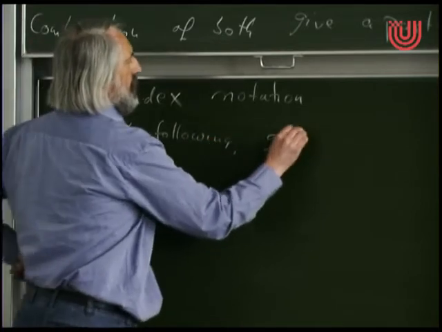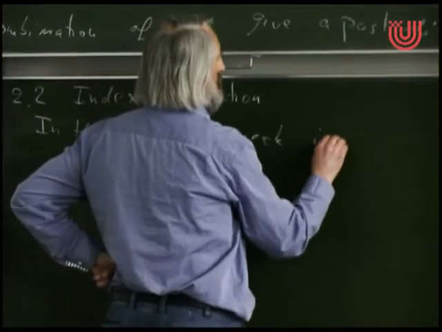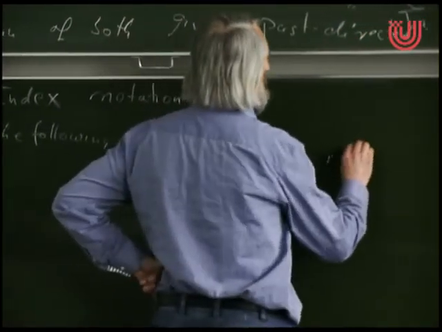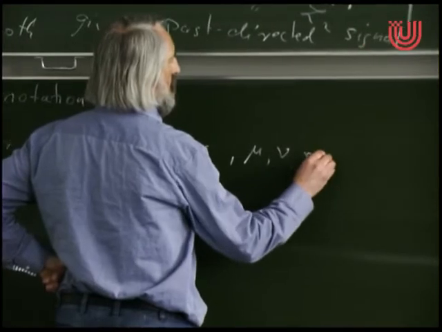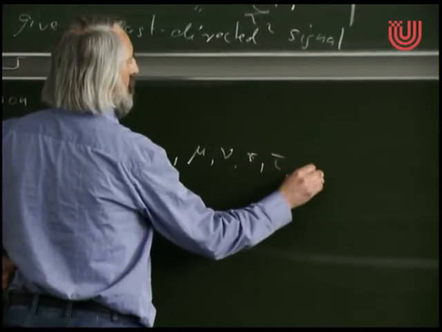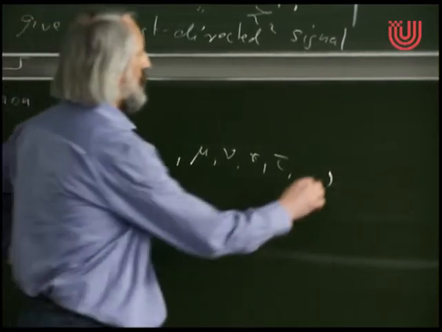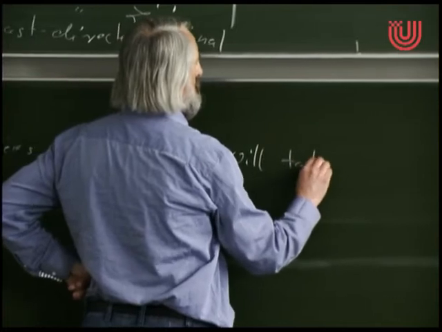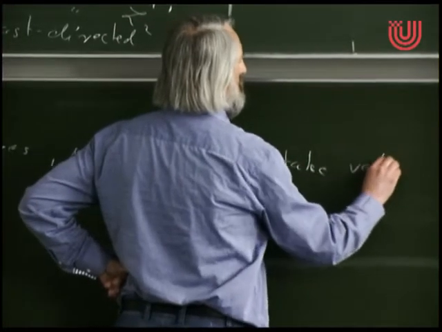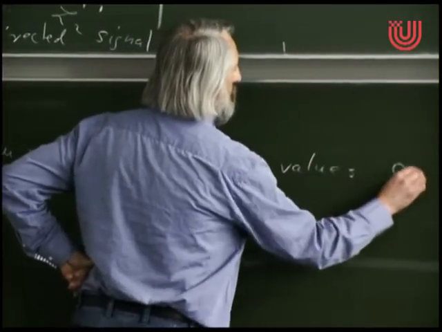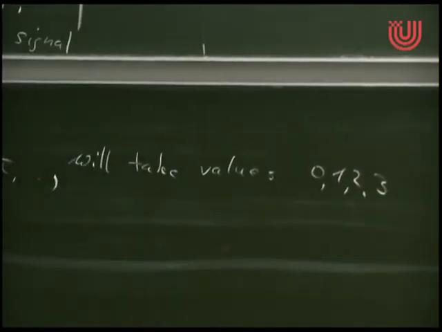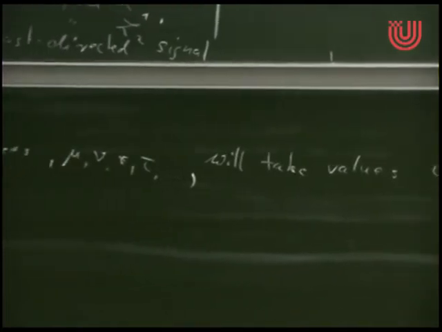Greek indices, so that's something like mu, sigma, tau, or whatever. Any Greek index will take values 0, 1, 2, 3. That's our convention.